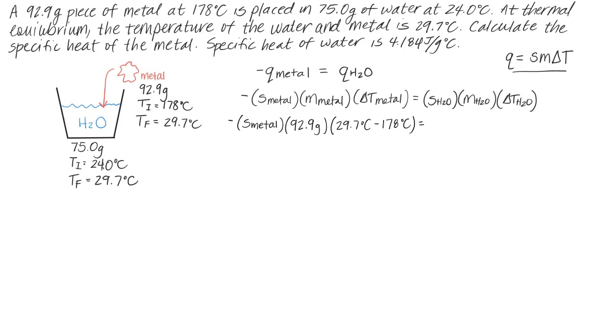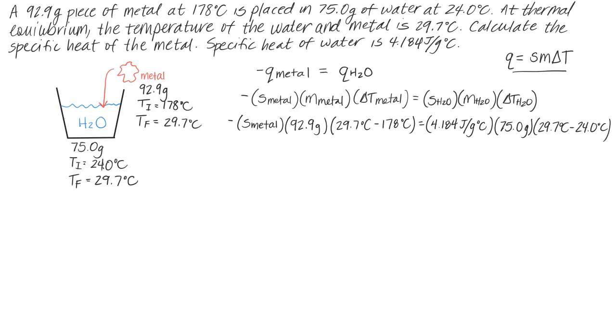And on the opposite side, we have specific heat of water given in the problem as 4.184 joules per gram degrees Celsius. The mass of water is 75 grams, and the change in temperature for the water is final temperature minus initial temperature.